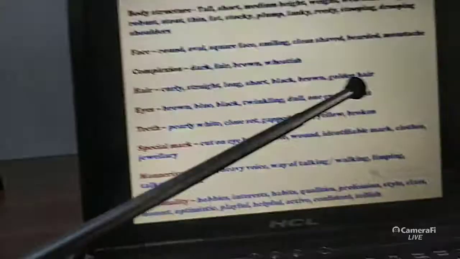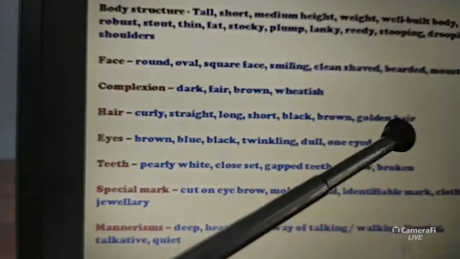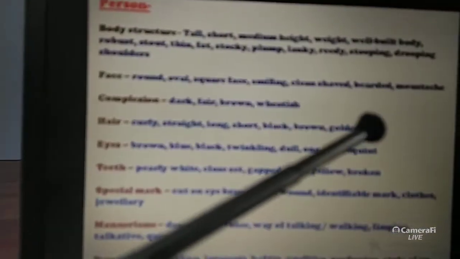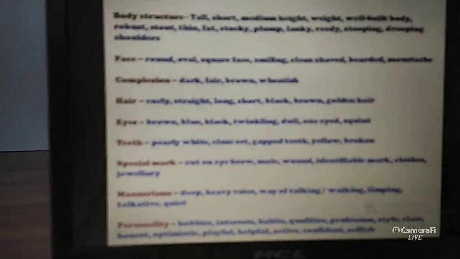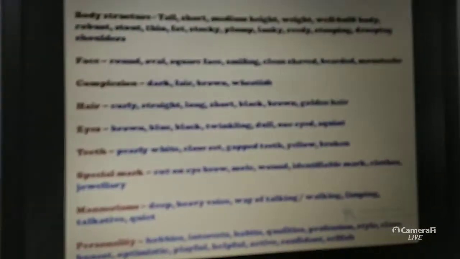How will I draw? By knowing how the police draws pictures of criminals. Police asks a lot of things, and on the basis of those things, the painter draws that.